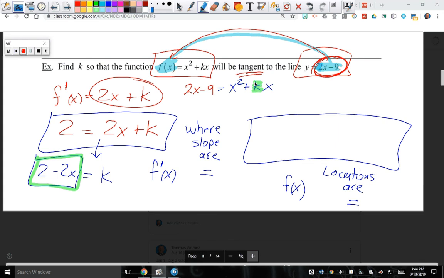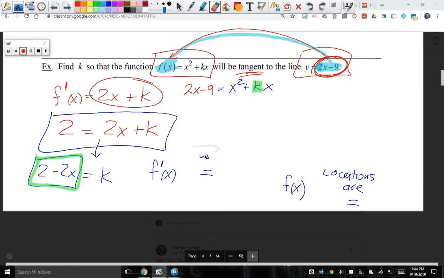Y'all with me, guys? So I would have the following. Let's finish it off. I would have 2x minus 9 is equal to x squared plus (2 minus 2x) all times x, because again, I substituted what k was from the derivative function.